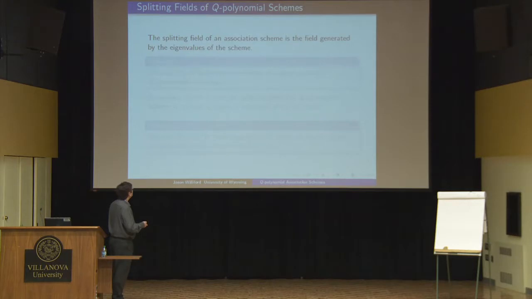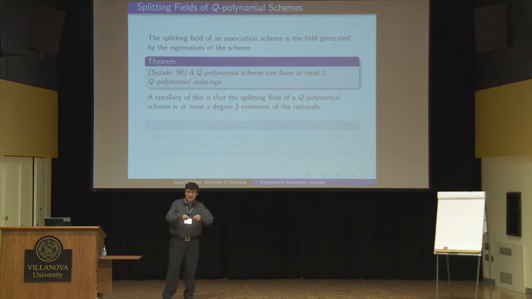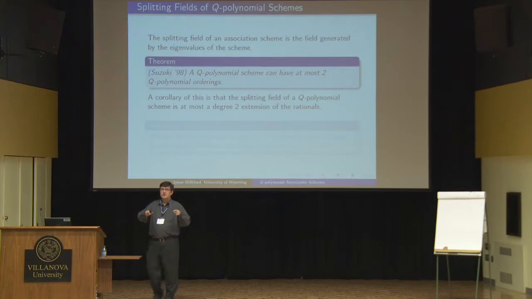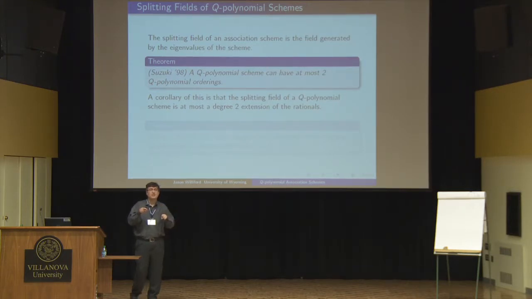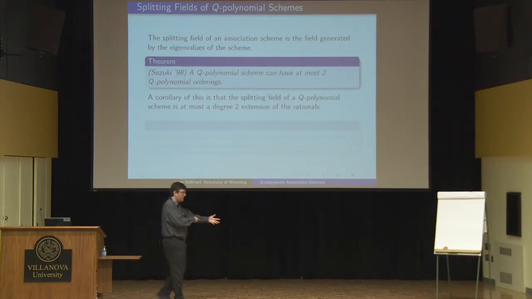So we could ask, in the case of Q-polynomial schemes, how bad can the splitting field be? Suzuki came up with a theorem. If you look at the definition of Q-polynomial, you could ask, if I take the E_i's, is there a way to reorder them so I also still have a Q-polynomial ordering of the idempotents? Sure, that's possible. Just like for a distance-regular graph of diameter d, there's a distance graph that's also diameter d.